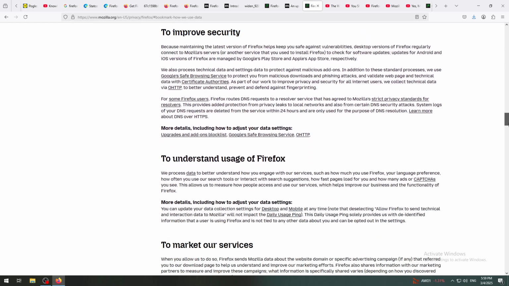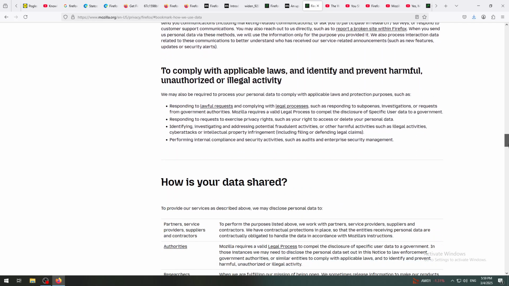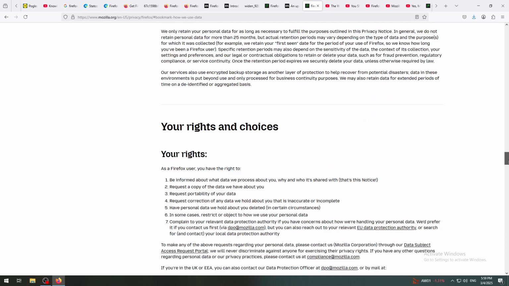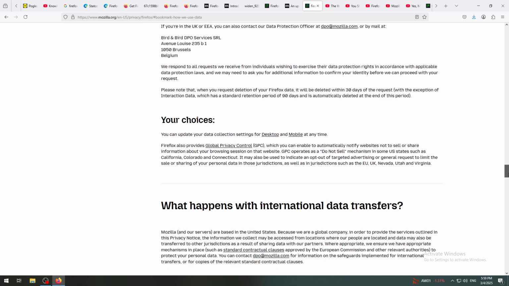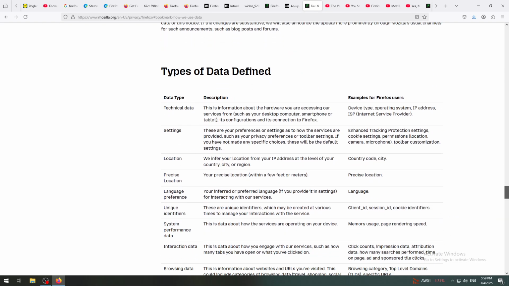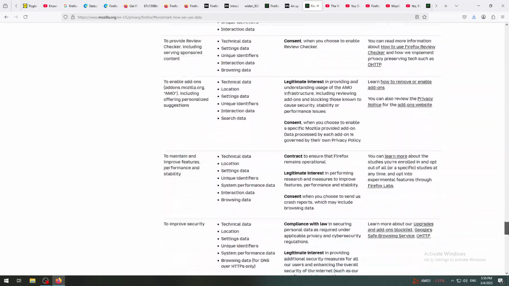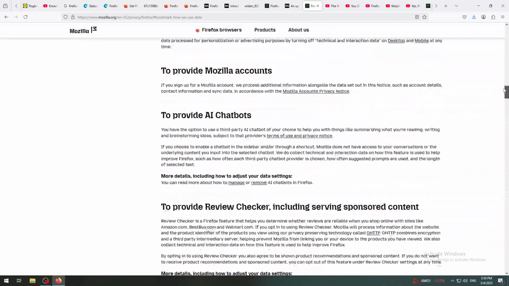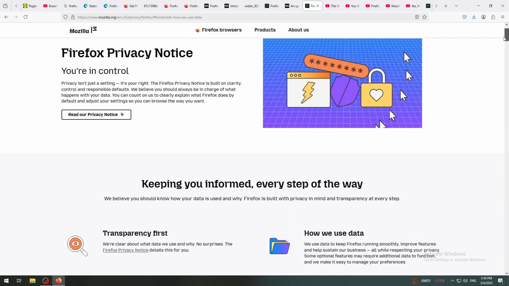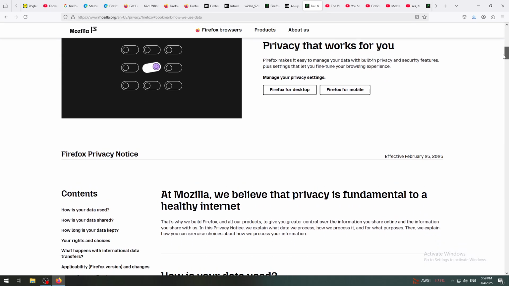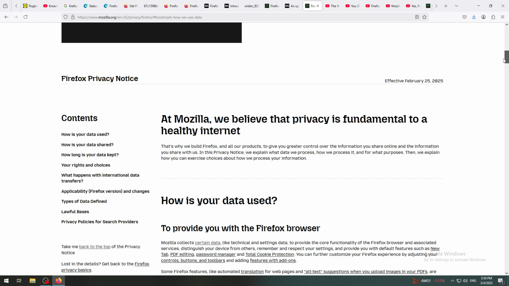So I'm not going to go into details, don't worry, don't be afraid. Just want to show you how many of those are actually there. We can go through titles just to see how they use your data. How is your data used?